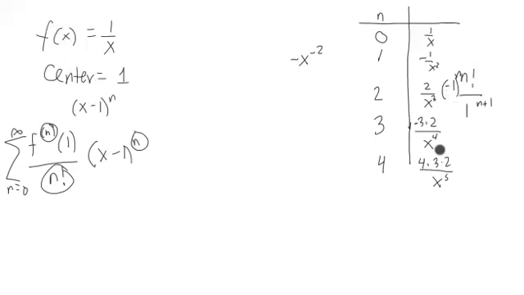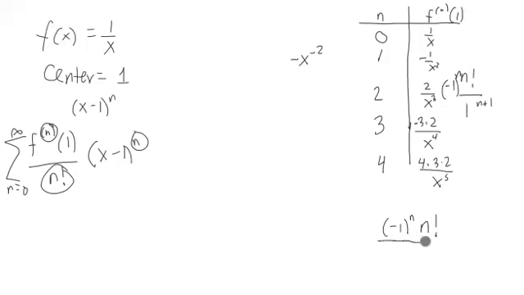So it looks like our coefficients turn out to be negative 1 to the n times n factorial. All right. Now we're not quite done because we need to divide this by n factorial, because all we found right here was the nth derivative evaluated at 1.